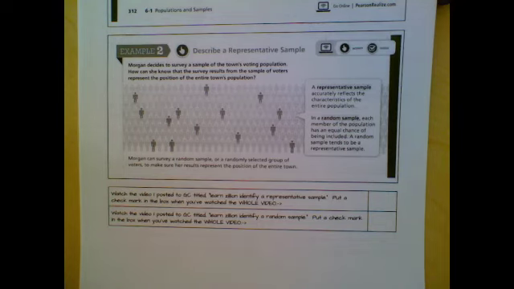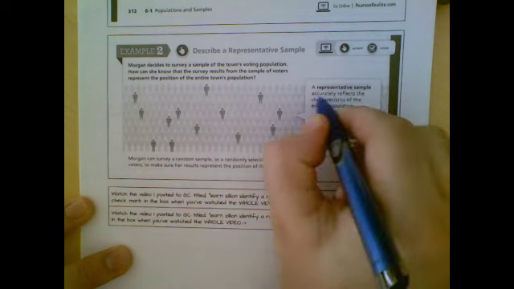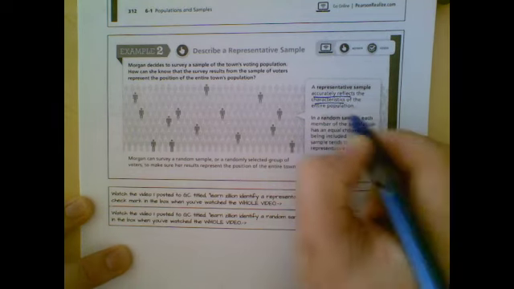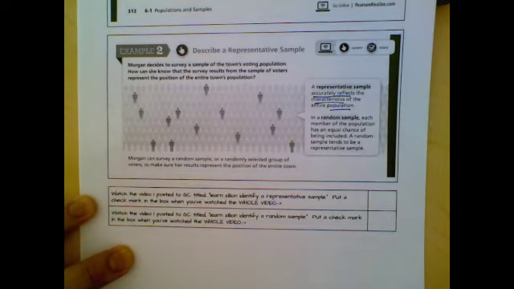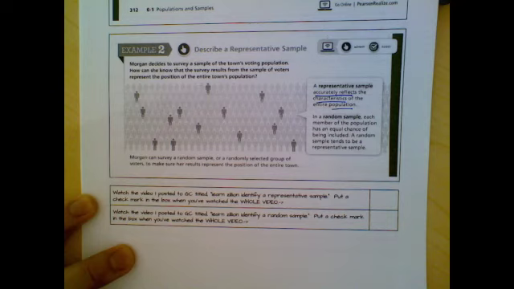On the right-hand side, it says that a representative sample accurately reflects the characteristics of the population. And so that's why in the other examples, like asking only girls, that didn't represent the population. Or talking to only logo artists, that didn't represent the population of the entire country.